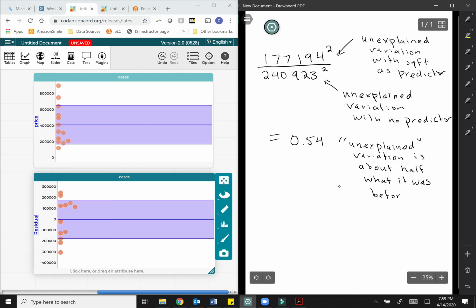So this is talking about unexplained variation, but R squared is defined in terms of explained variation. So we do 1 minus this value, 0.54, and we get 0.46. I will say that this is a slightly simplified version of the formula, but this is the basic idea, right? So this number is R squared, and it's telling you how much variation has been explained.